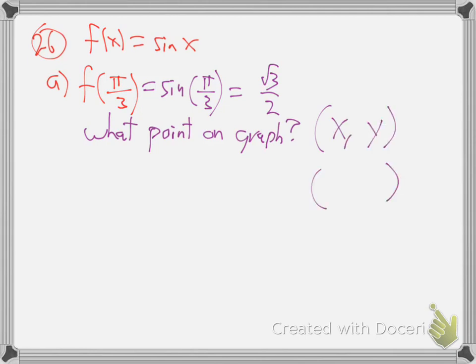So they want two numbers with a comma. How do you know what's the x, what's the y? x is always what you plug in. y is the answer you get out. So pi over 3, comma root 3 over 2. Does that make sense, what they're wanting from you? Whenever you deal with a function, what you plug into the inside is your x. What comes out of it is your y.